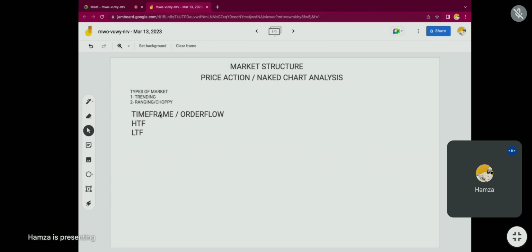You need to understand that there are things we call time frames. If you remember, I used the Russian dolls analogy the other time. They are big and small, but ultimately they are all the same thing.